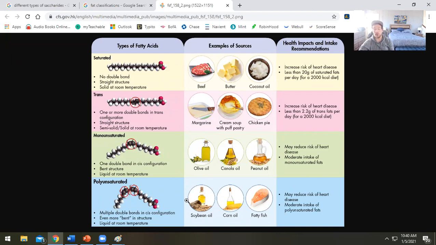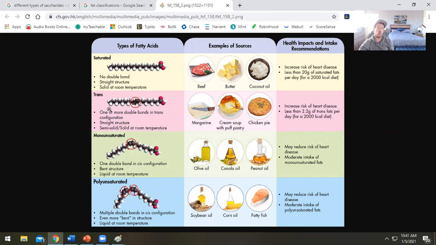These are things like soybean oil or corn oil, or even the fatty material found in fish, the oily stuff that you see on a fish. That is your polyunsaturated. So mono means that there is one little kink, and poly means that there are multiple kinks, right? So saturated, mono, and polyunsaturated, okay?